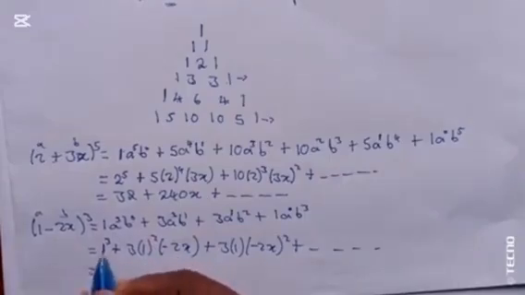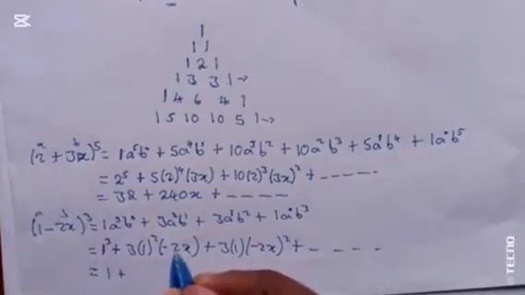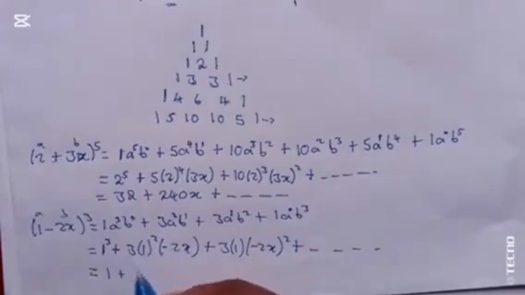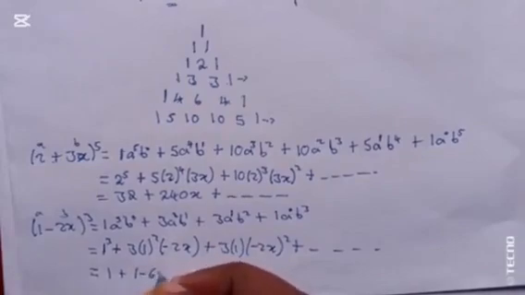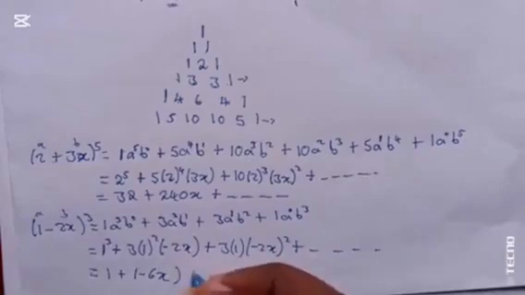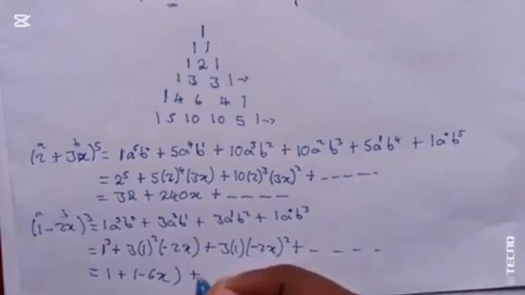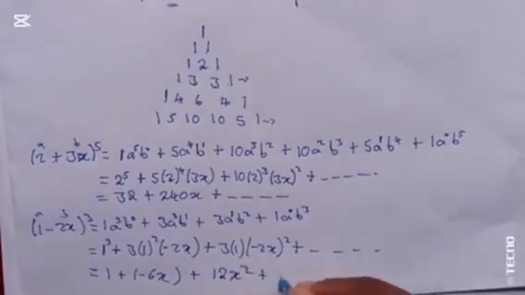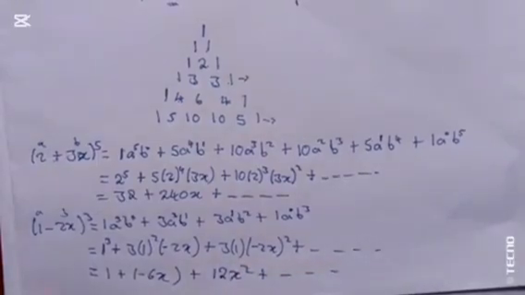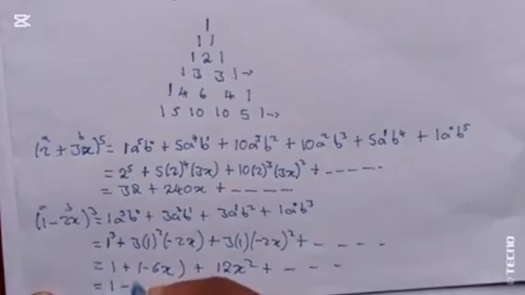So it is equal to 1 plus, when we multiply this and this, we get a negative 6x, plus this one is 4 times this, so we'll get 12x squared. Completing to write this one: 1 minus 6x plus 12x squared.